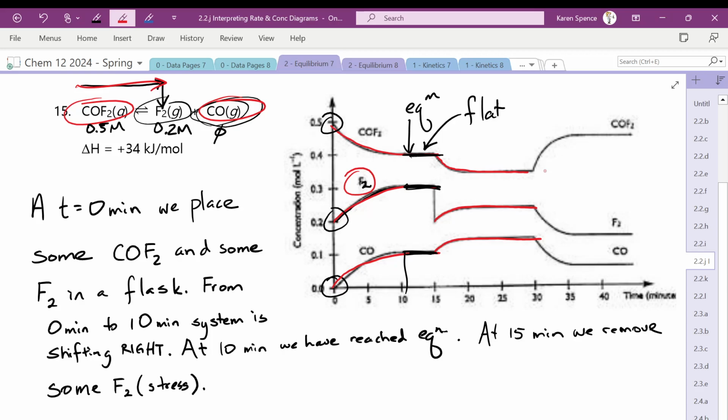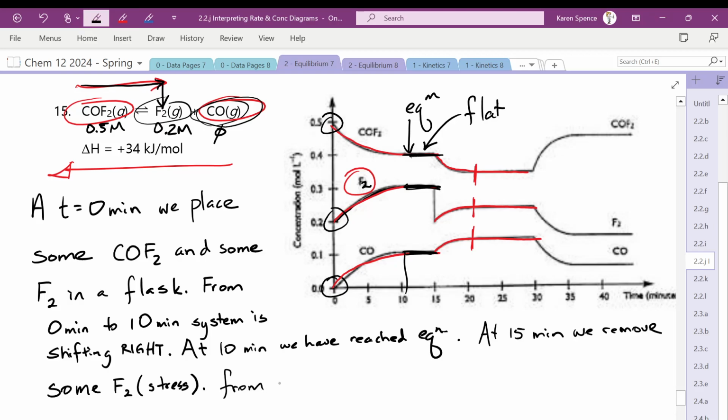If we shift to the left, we will be producing COF2. Does that make sense? If I'm going this way, what am I making? COF2, yeah? So, where am I shifting? The curve seemed to flatten out at about 20 minutes.